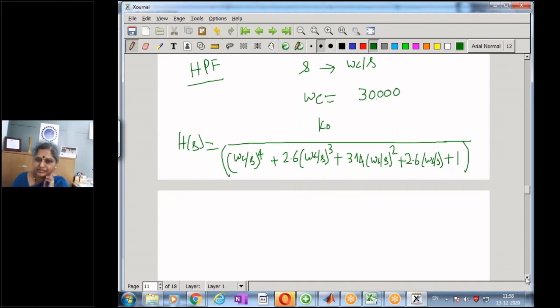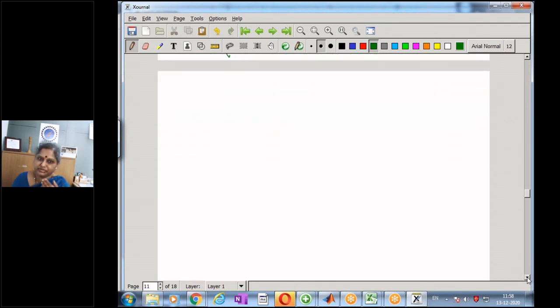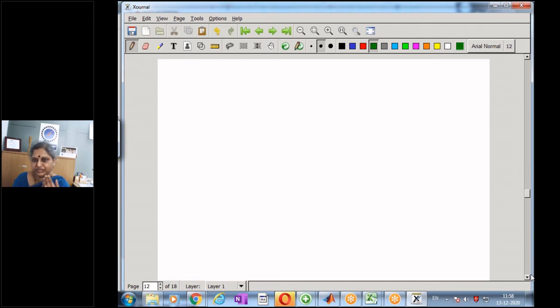So in the next module, similarly, we can apply frequency transformation to get a band pass filter or a band elimination filter. In the next module, what we shall see is, given the specifications H of omega, we shall first try to get the order of the filter.